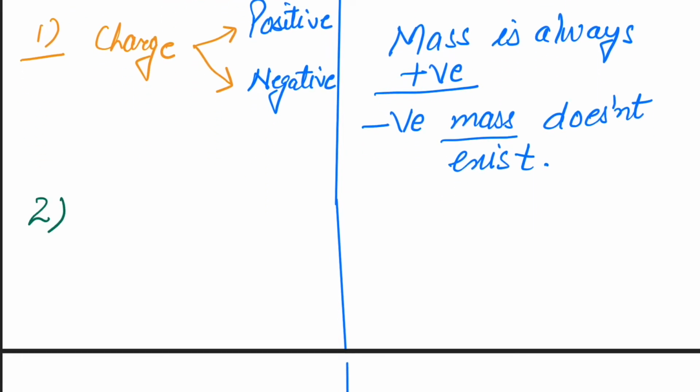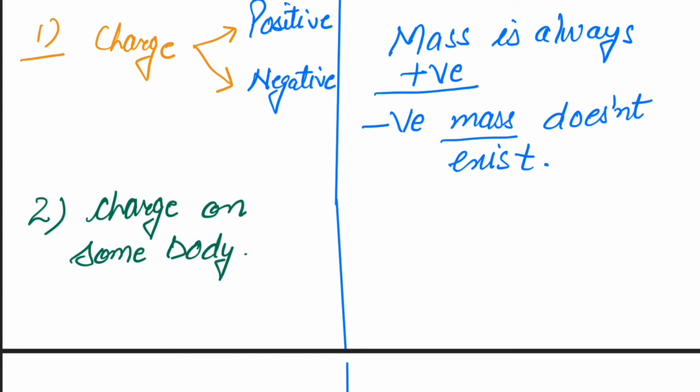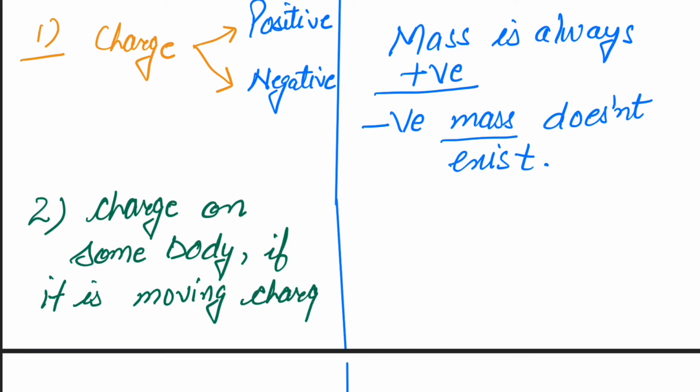The second thing, if you have a charge on somebody, if it is moving, charge will not change. Whether the object is moving or the object is stationary, the charge on that particular object will not change.